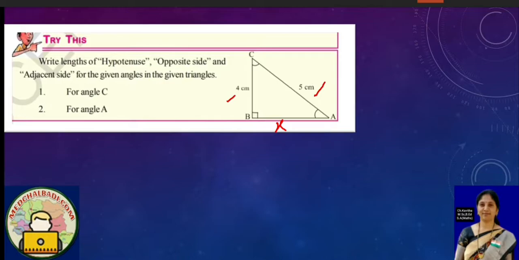For this, we have to use the Pythagoras theorem. What does the Pythagoras theorem say? Hypotenuse square is equal to side 1 square plus side 2 square. We have to use this relation.